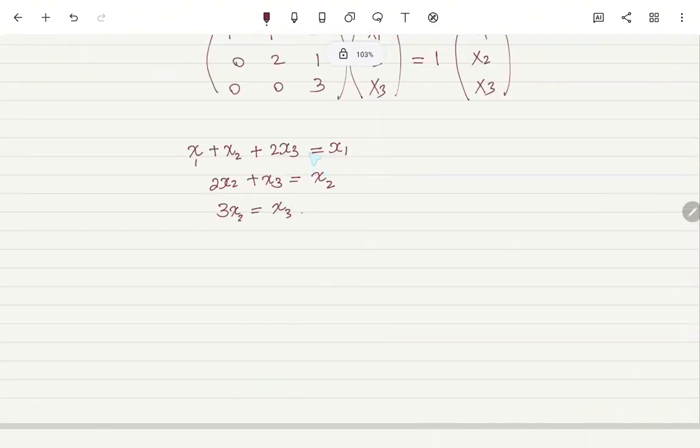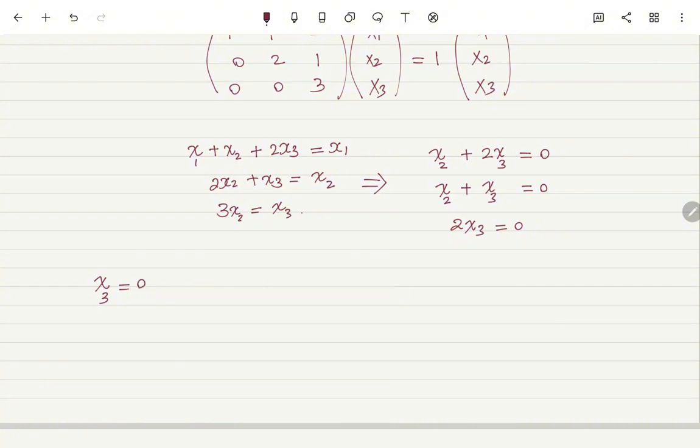Upon simplifying these three equations, we will get x2 plus 2x3 equal to 0, because x1 cancels out with x1 here; x2 plus x3 is equal to 0; and 2x3 equal to 0. From the third equation, it's definitely that x3 equal to 0.